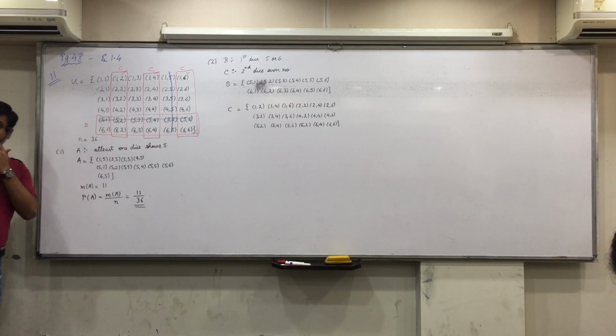Now, what question have we been asked? We need B intersection C. Did you understand this portion or not, everyone? Any confusion so far?